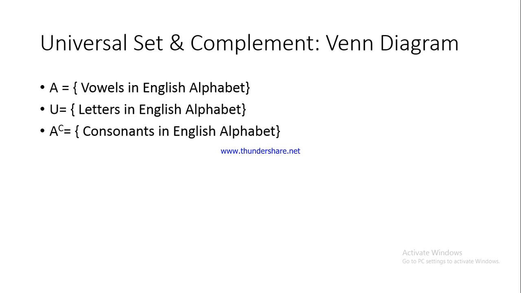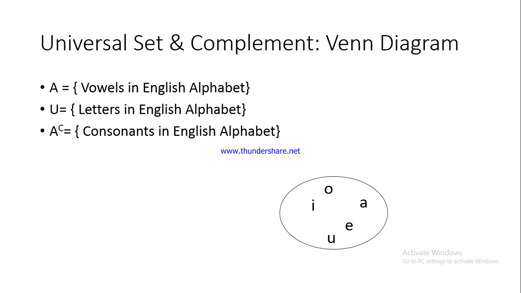Now let us try and depict it using the Venn diagrams. So let us first depict the set A. We generally make use of rounded or oval shapes to denote a set. This set A will contain 5 elements, all the vowels in the English alphabet: A, E, I, O, and U. The sequence is not important, we have seen earlier also.